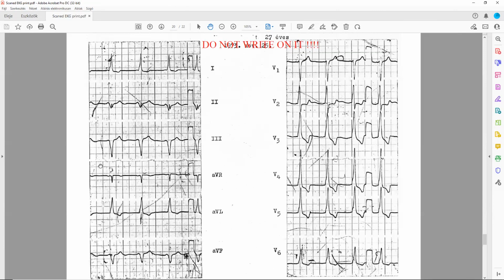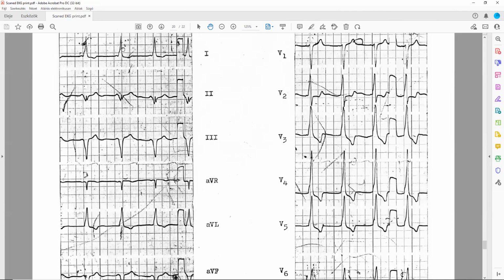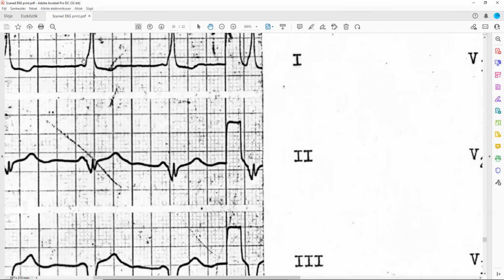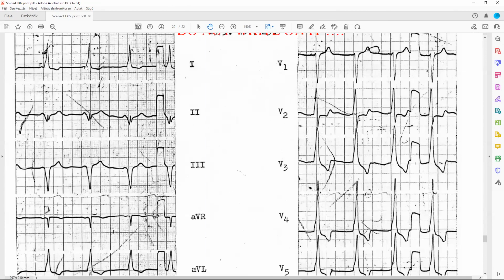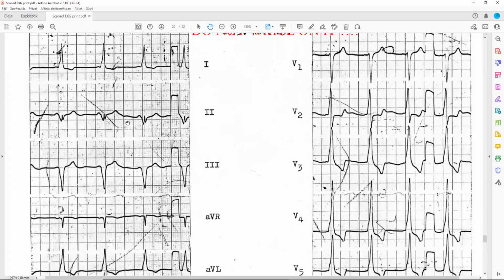But what is the problem with this P wave, especially if you look at lead number 1? Is it a shortened PR interval? So the PR is short. What does it indicate when the PR is short?